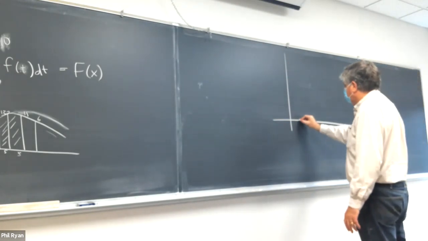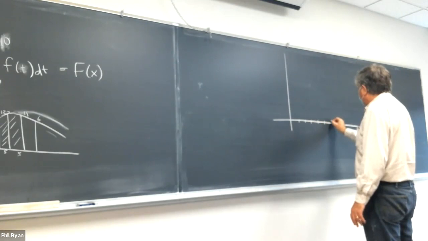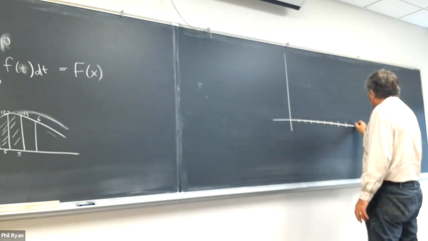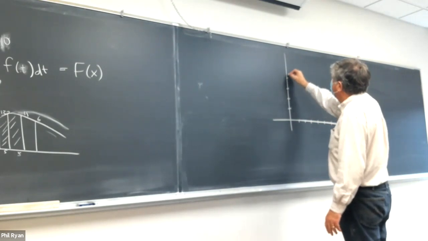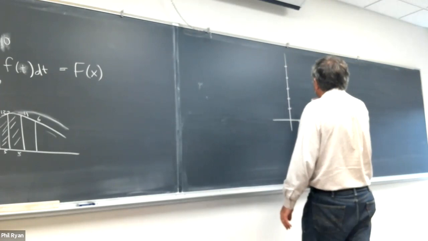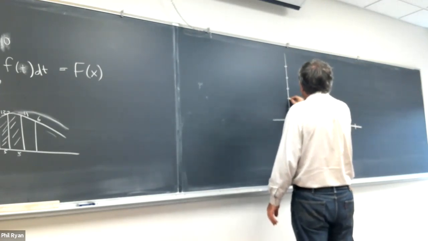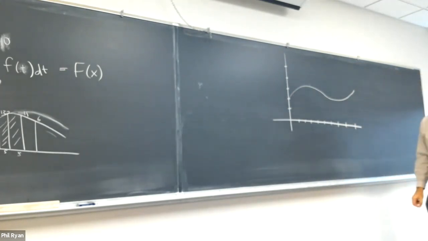I'm going to try and be a little bit careful so we can actually make some figures. So I'm going to put in a grid of points, and then I put in a function, and so now here is my f of x.